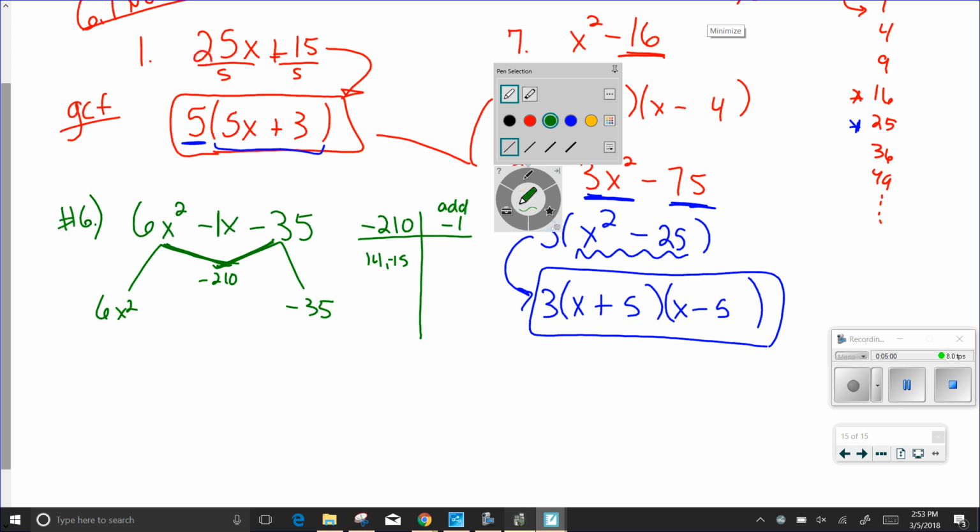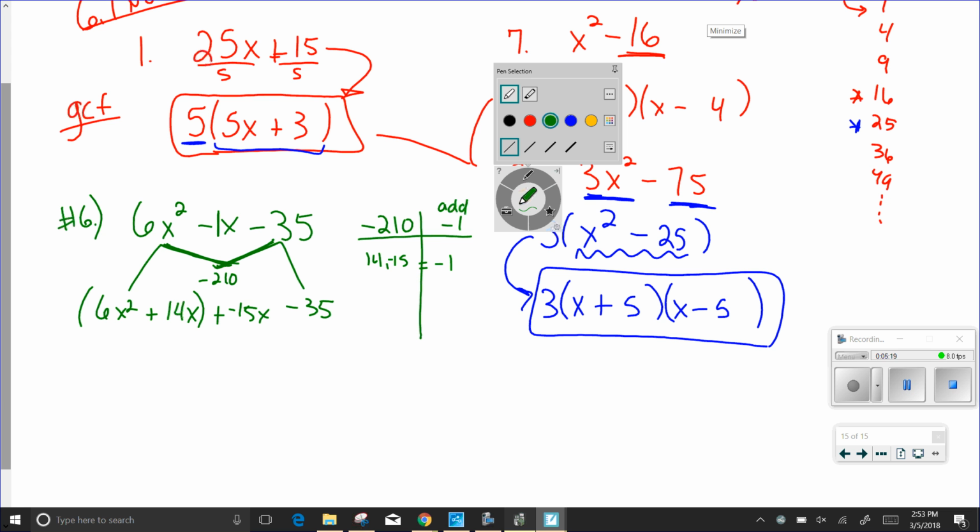A positive 14 and negative 15 is going to add together to give us a negative 1. 14 times a negative 15 multiply to give us a negative 210. So splitting negative 1x up into being plus 14x and plus a negative 15x. Where you place those doesn't matter, you can flip those around.